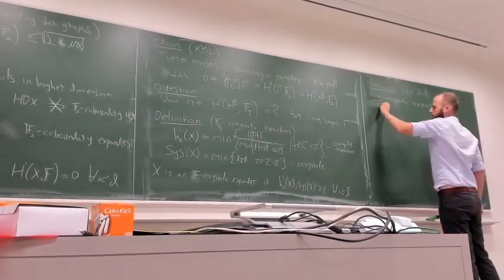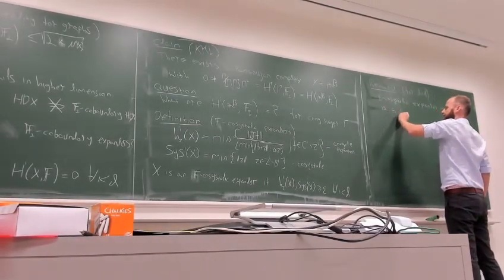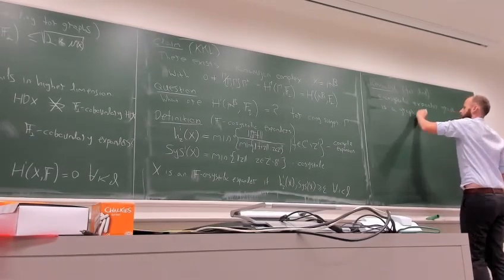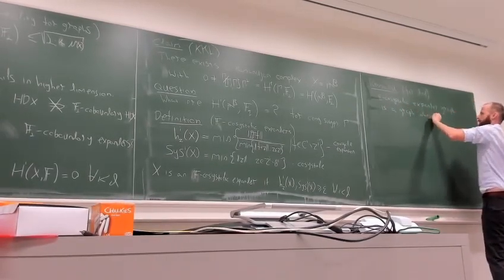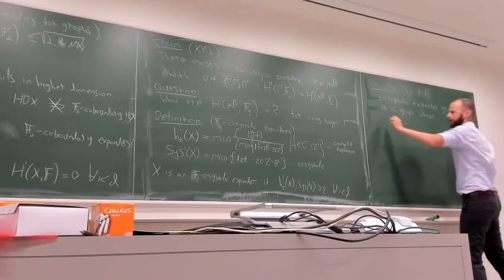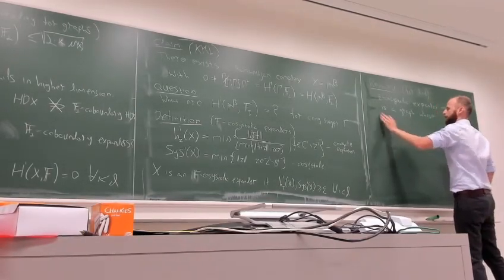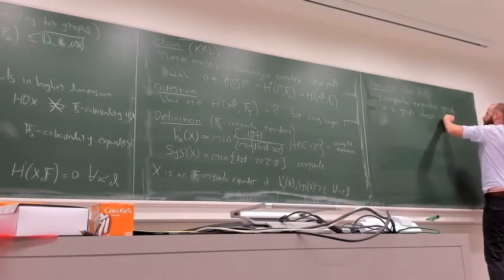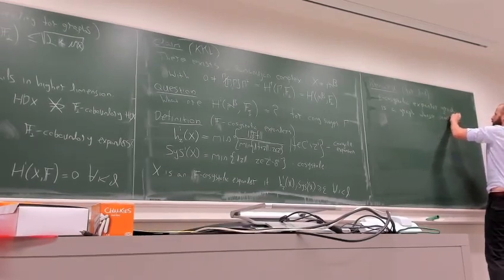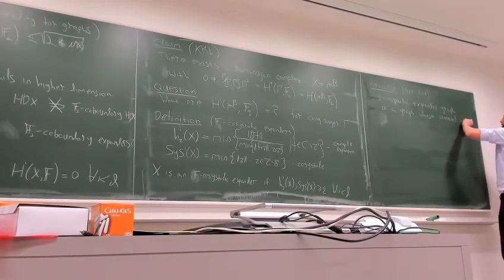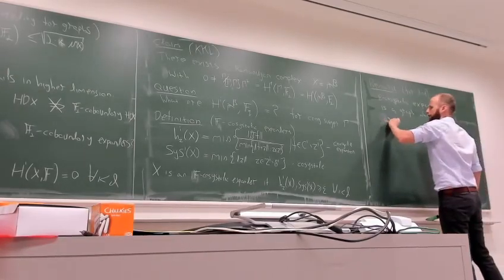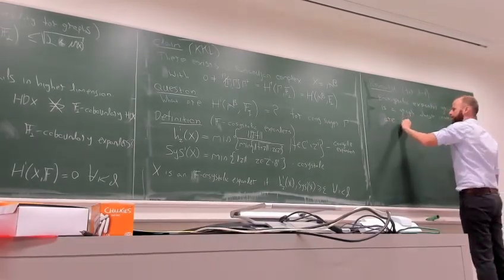is the following object: a graph whose connected components, so it doesn't have to be connected, are epsilon expanders.